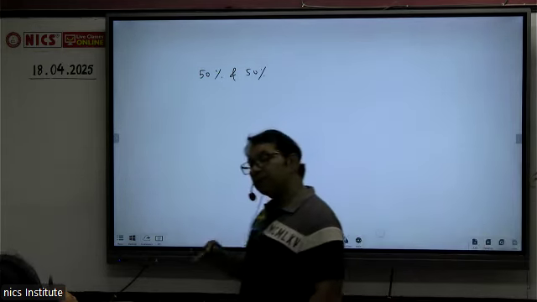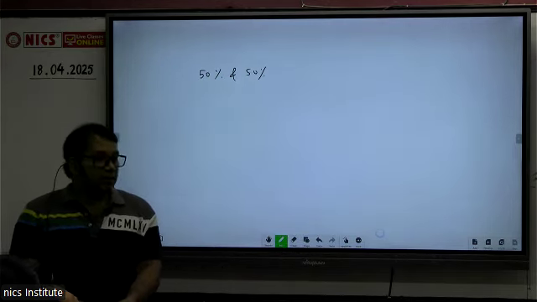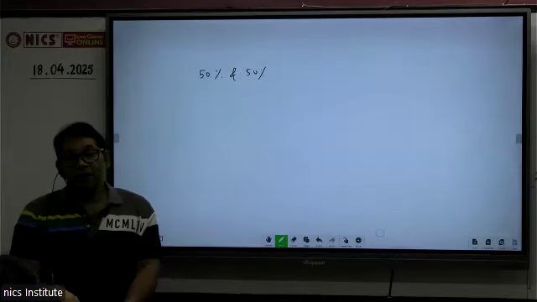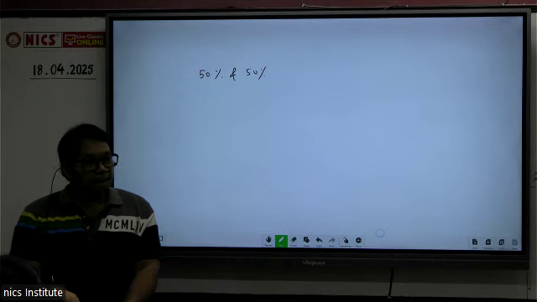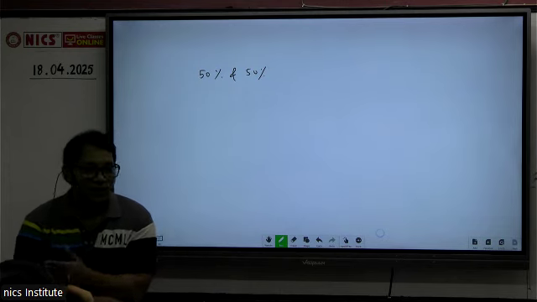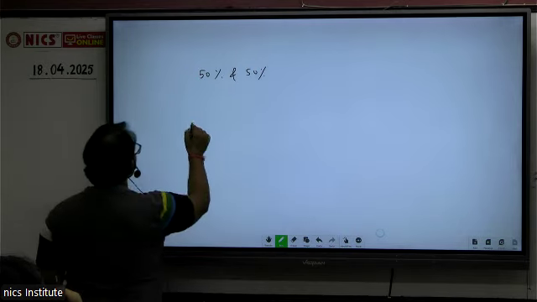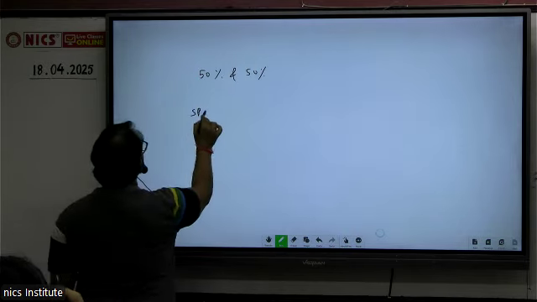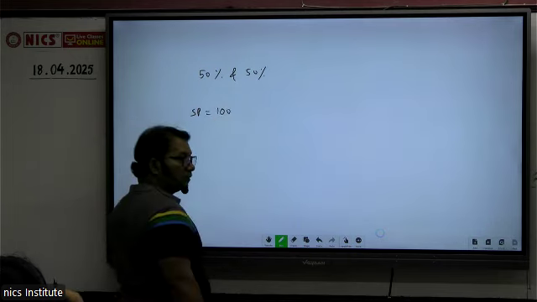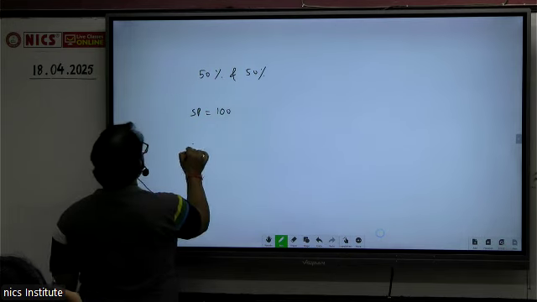There are 2 successive discounts. Socho. It seems as if there's a 100% discount, you'll get for free. It's not like that. For these kind of questions, you assume that SP is rupees 100. So when you give 50% discount, what will be the discounted price?